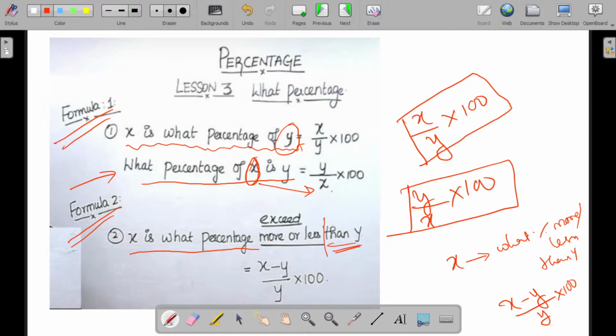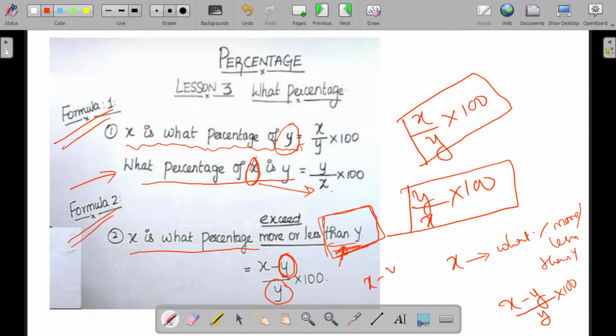The second term should also be there. So (x minus y) divided by y into 100.